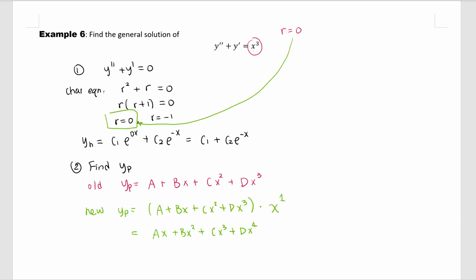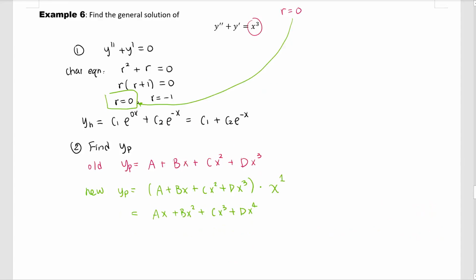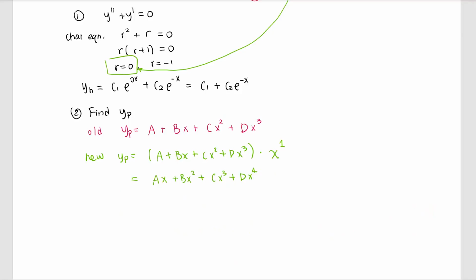Okay, so let's continue. What is y prime? So yp prime is a, this is 2bx, this is 3cx squared, this is 4dx cubed. Okay, so I hope every time when you see this example, try to work on it first, and then we can continue and check our answer. And then we also need the second derivative.